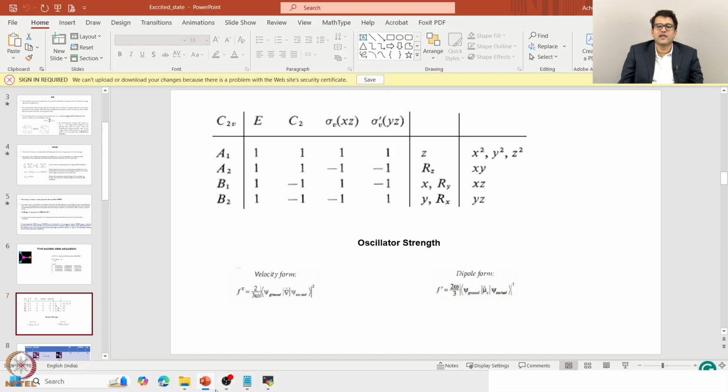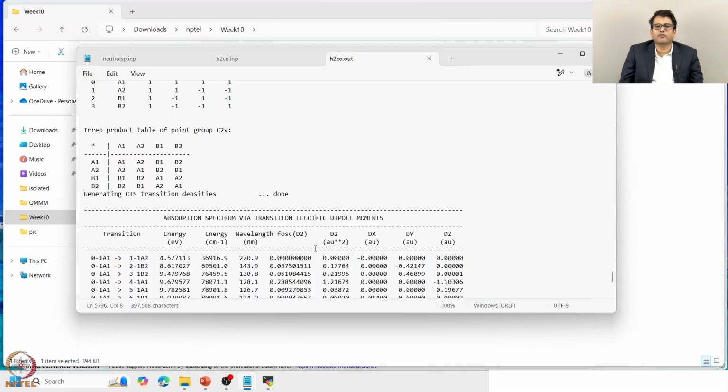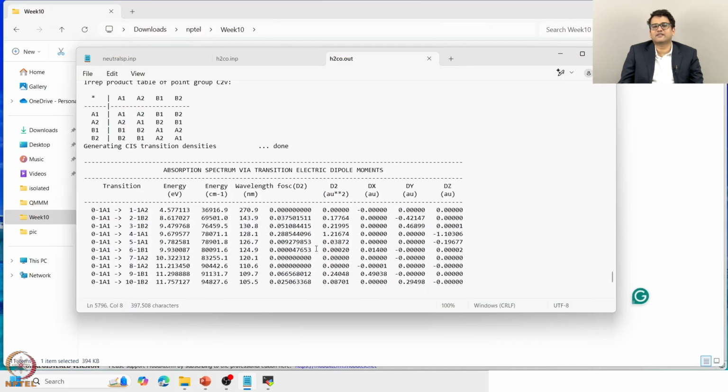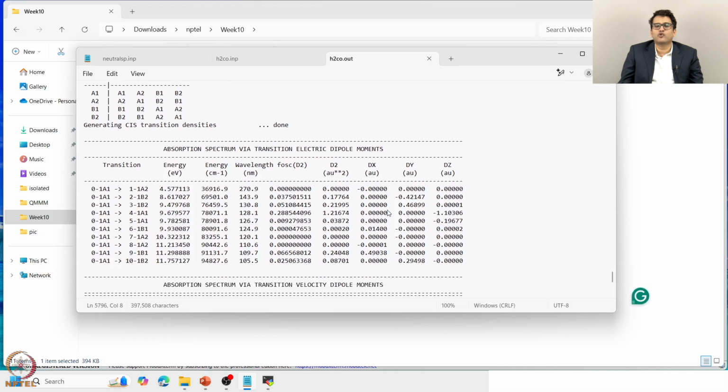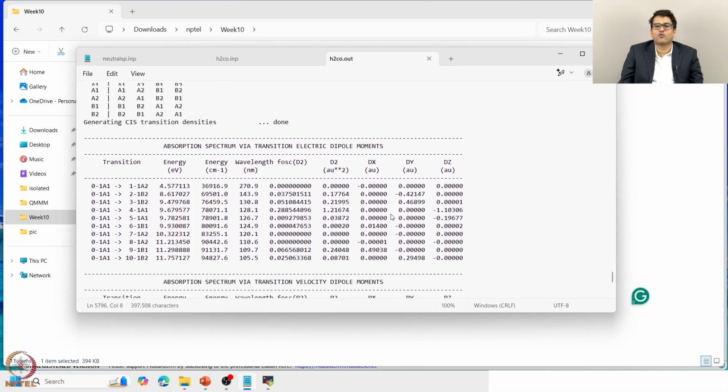Remember, the transition wave function in this case does not have any significance. It is the square of the wave function expectation value which leads to oscillator strength. If you look at the dipole formalism, which is generally more commonly used, you will get the transition dipole moment x, y and z, but the experimental absorption coefficients are related to oscillator strength, which is the square of the transition dipole moment values.